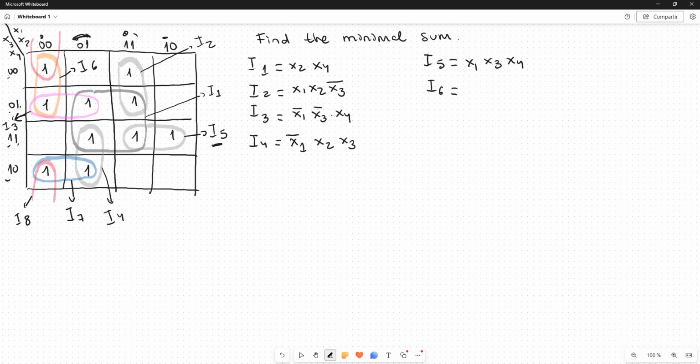Implicant 6 is this one, so we have in the column x1 and x2 negated because both of them are 0, and in the rows we have x3 negated as well. Remember that we are including the variables that don't change across the allowed group of ones.